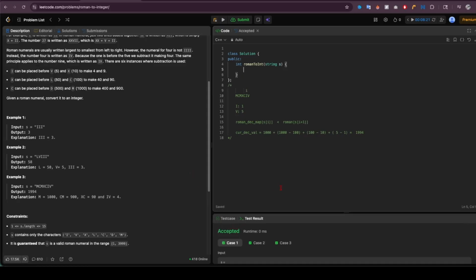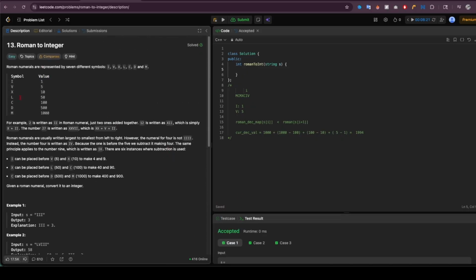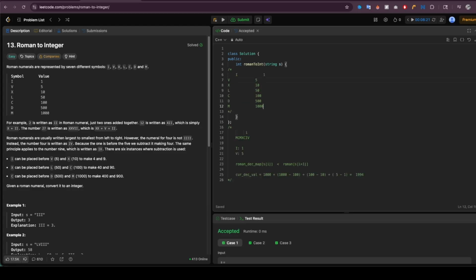Let's jump into the coding part. First of all, we need to map the Roman character to the integer format. So let's take our code.